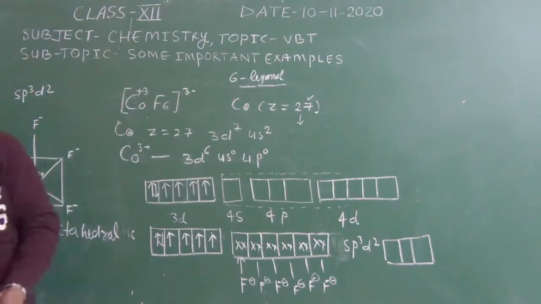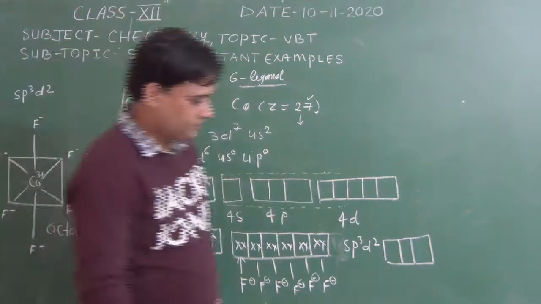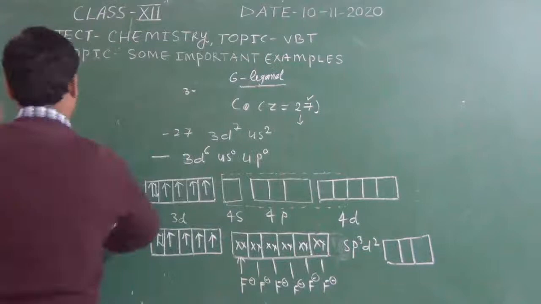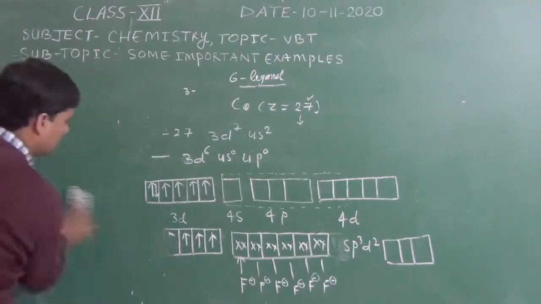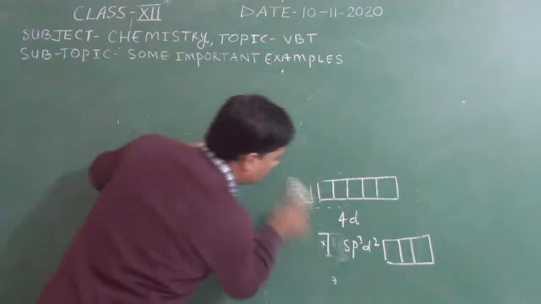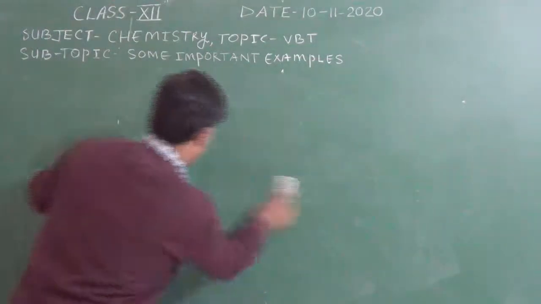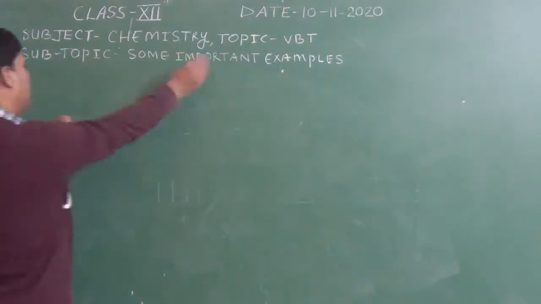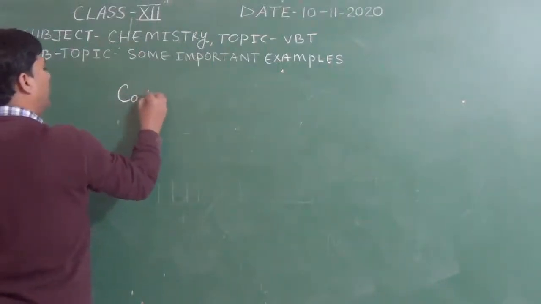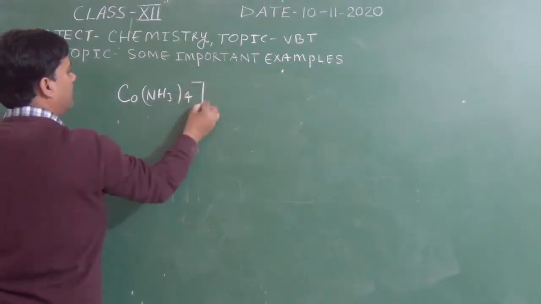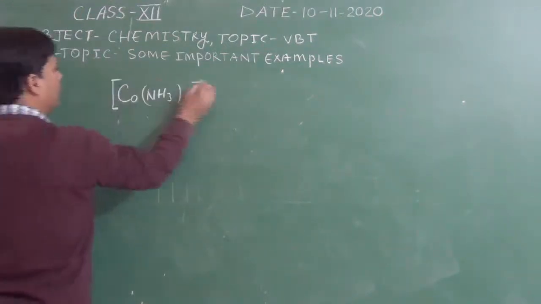Okay, so next example I am going to explain. The next example is Co(NH3)6 3+.